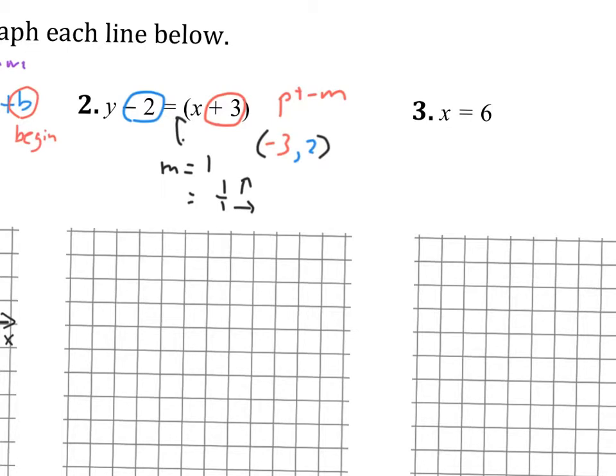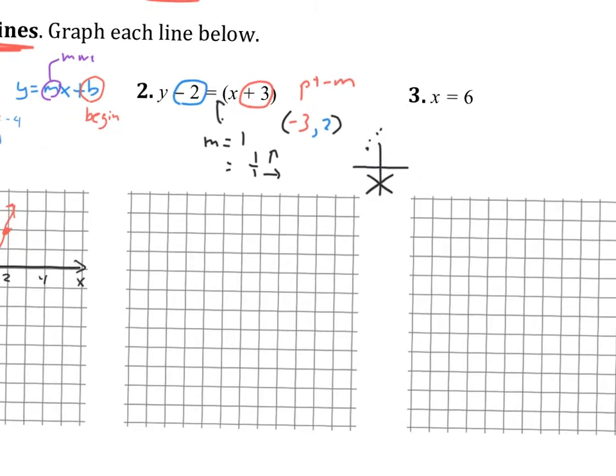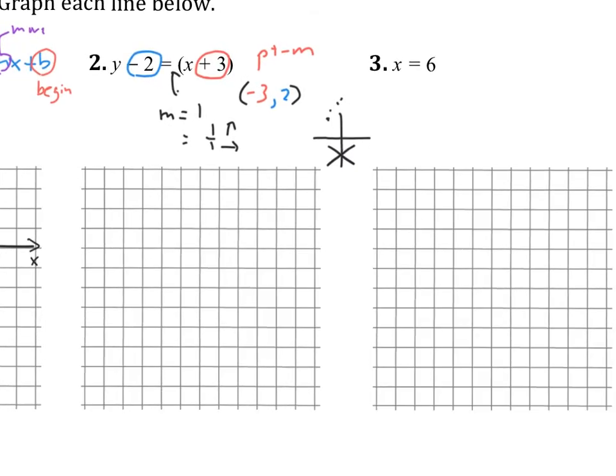If I just did a quick sketch here with the crosshairs in the center, negative 3, positive 2 is somewhere over here, and then I'm going in the up direction, right? So notice I don't need quadrants 3 and 4. So I'm going to do mine more like an upside down T, like this, and like that.